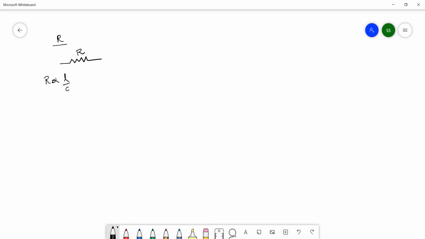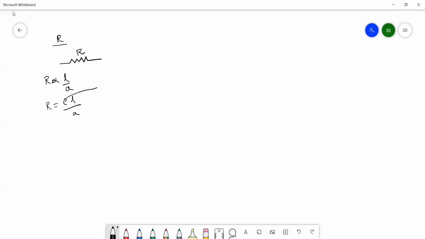Now, by removing the proportionality, R is equal to rho L by A. We kept the constant, that is rho.